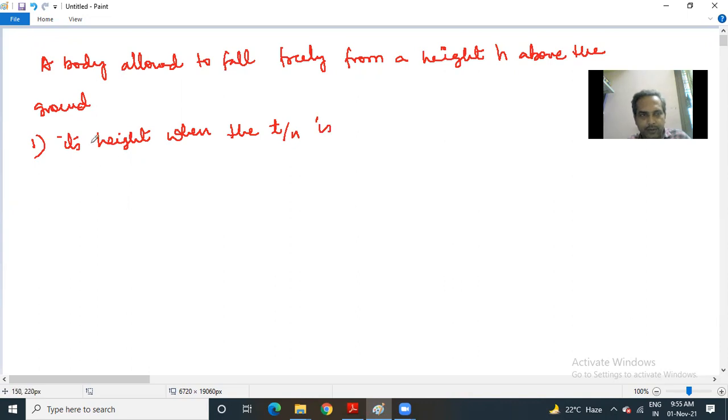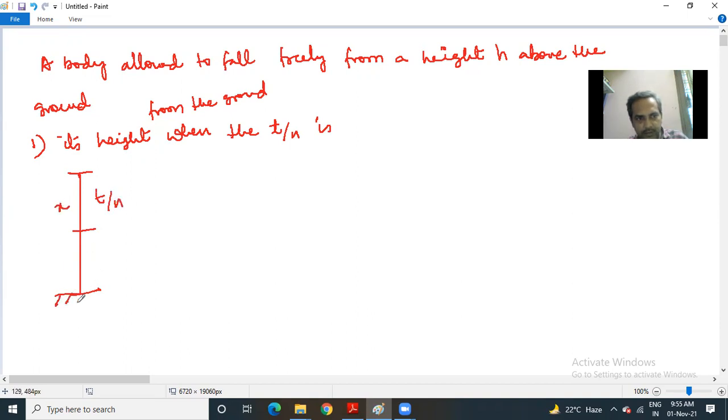It means we need to find out its height from the ground after t by n seconds. Here t by n is the nth part of the time of descent. Once you draw the diagram, this is the path along which the body moves down. Say after t by n seconds, it travels a distance x.